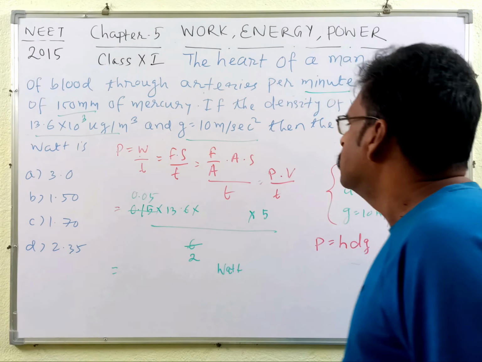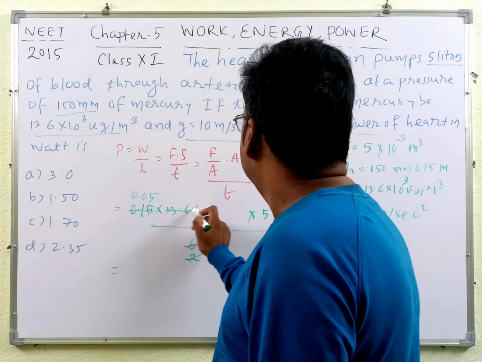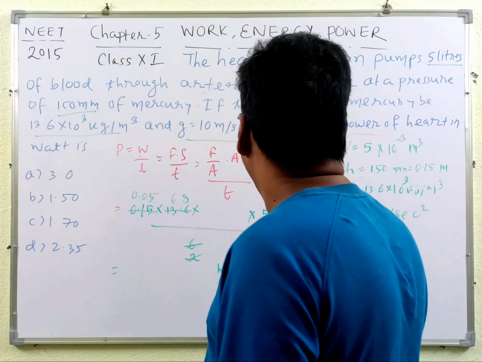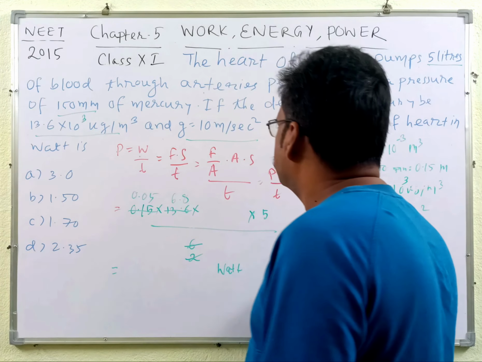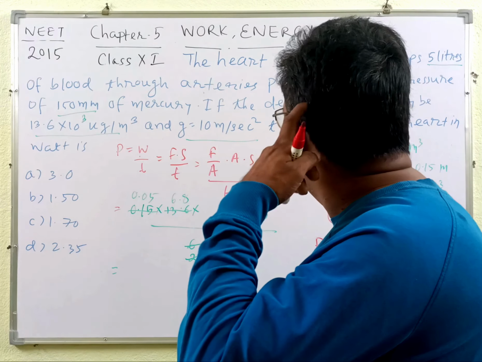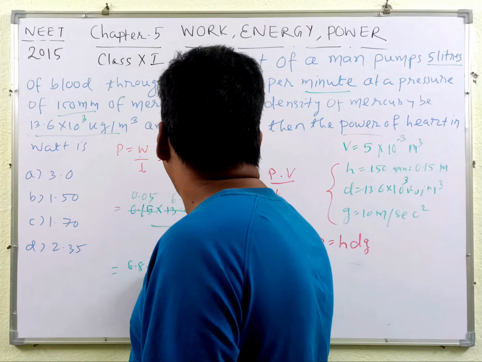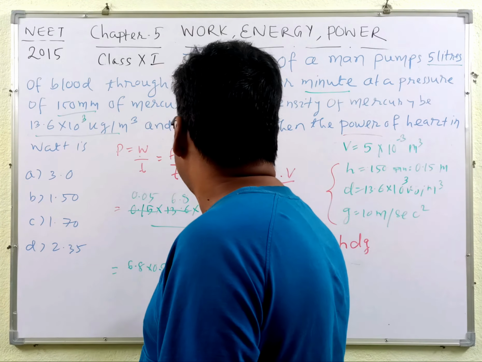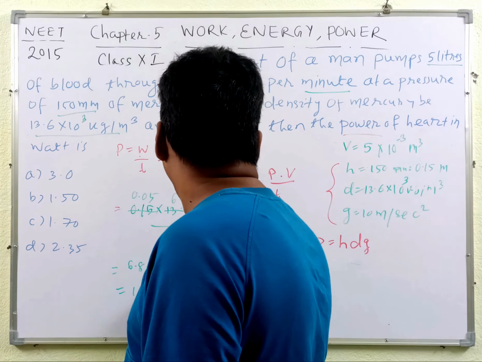Then this 2 divides this by 6.8 and this is 5. Then 6.8 into 5 into 5, 25, and there are two decimals, so this is 6.8 into 12, that is equal to 1.7 watt.